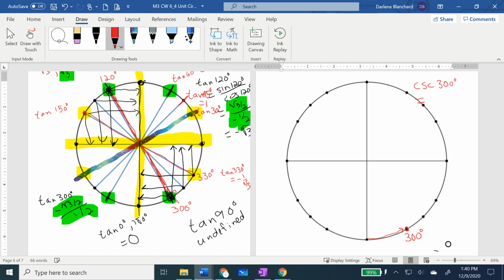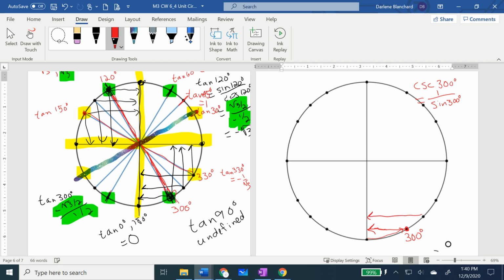And who is cosecant's reciprocal? Yes, sine. So that means I need to find the sine of 300 degrees and take the reciprocal. Sine is the y coordinate.